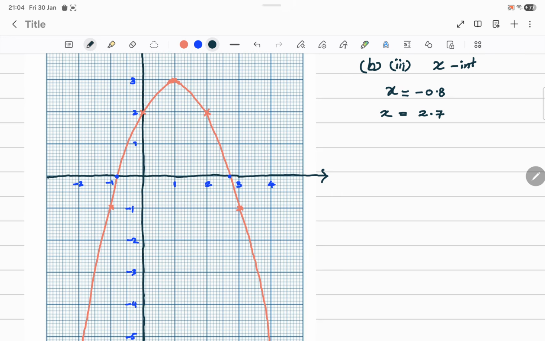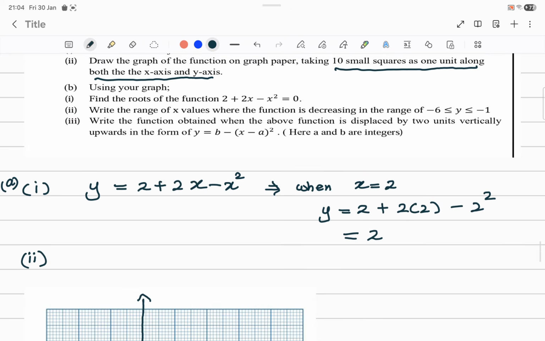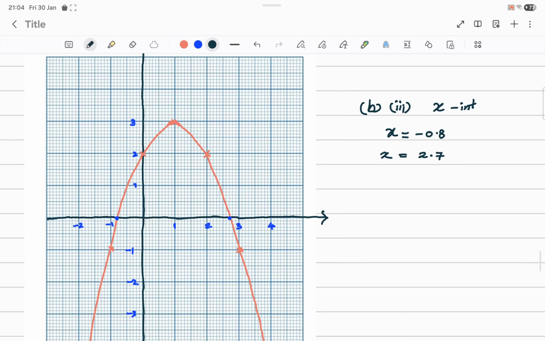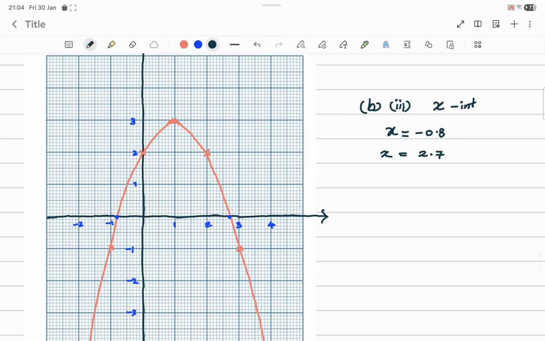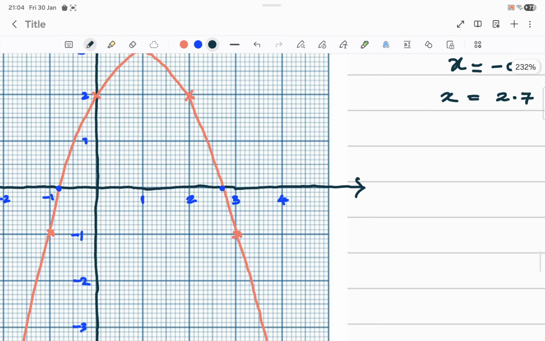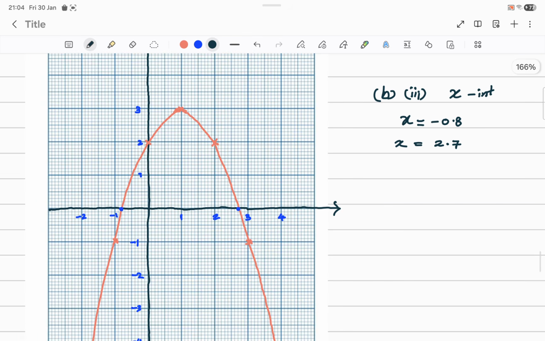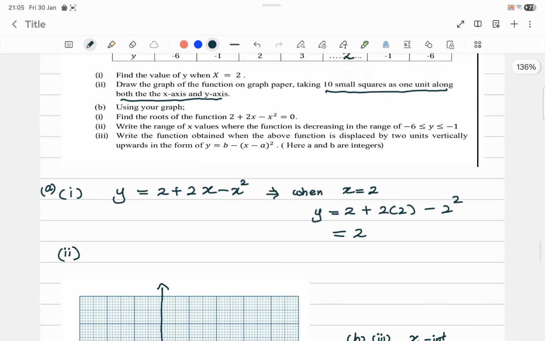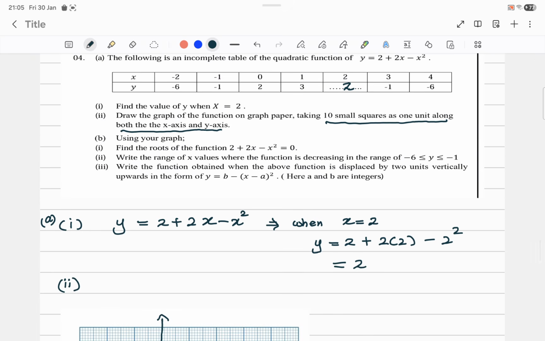Right. So 0.7, no, 2.8. No, 2.8, no, closer to 2.8. So we'll take it as 2.8. Right. So that is part B, part 1.